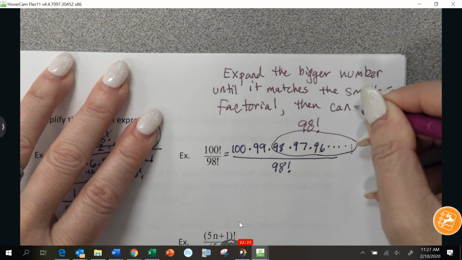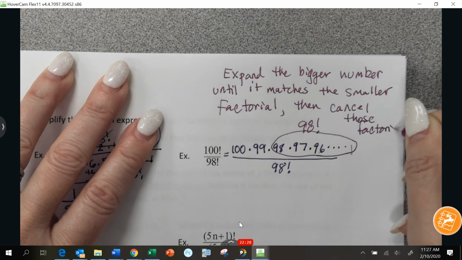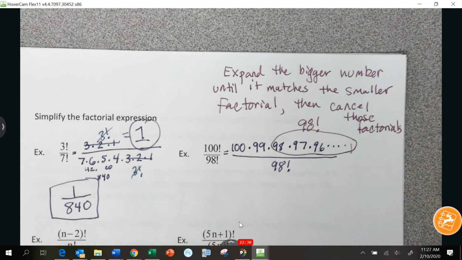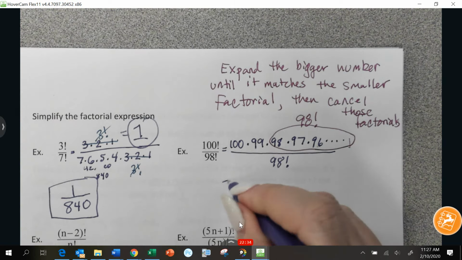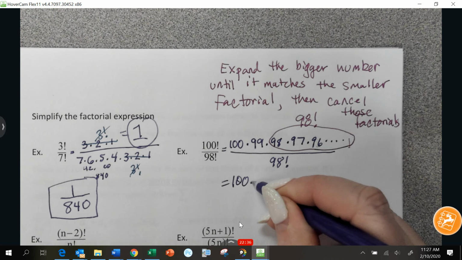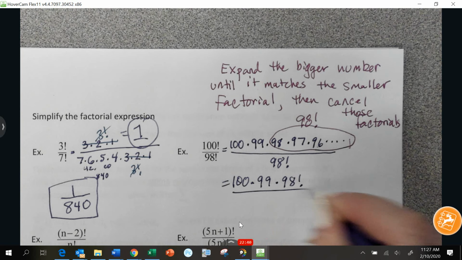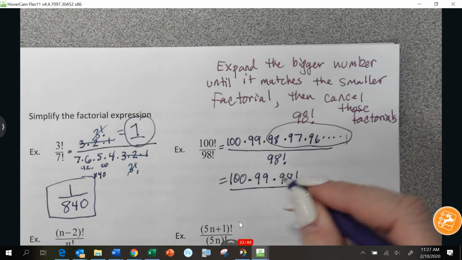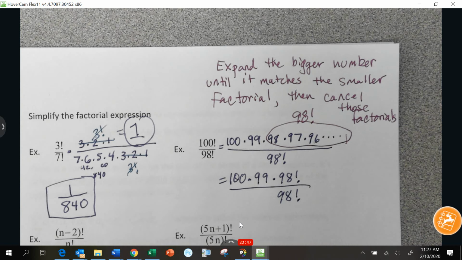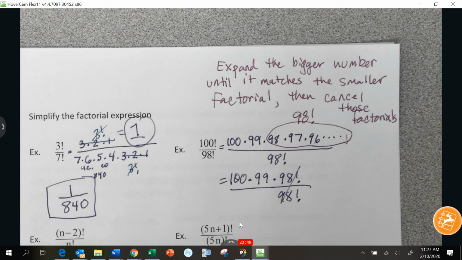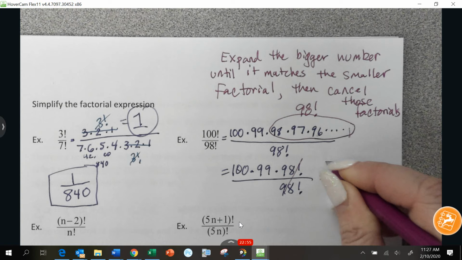Then cancel those factorials. So what Kia is saying to do is do 100 times 99 times 98 factorial, which takes care of those numbers. On the bottom, 98 factorial stays 98 factorial because I don't want to write them out. So we get 100 times 99, which is 9,900.